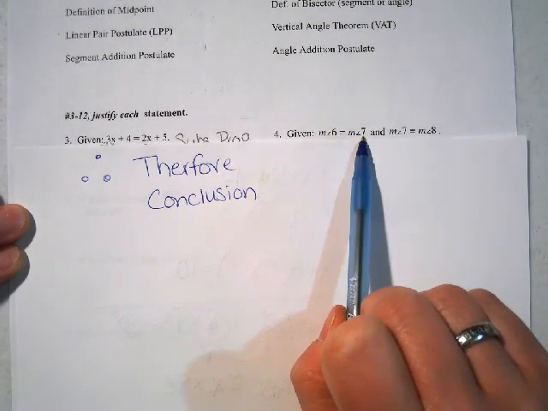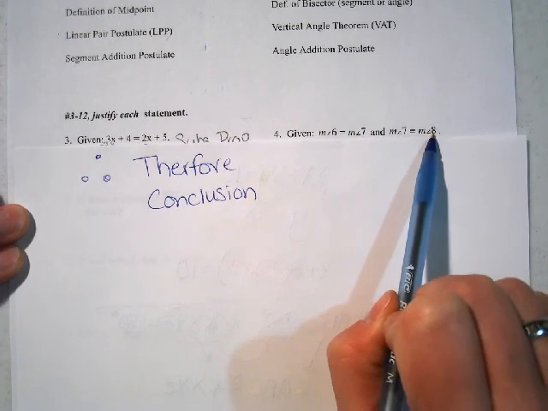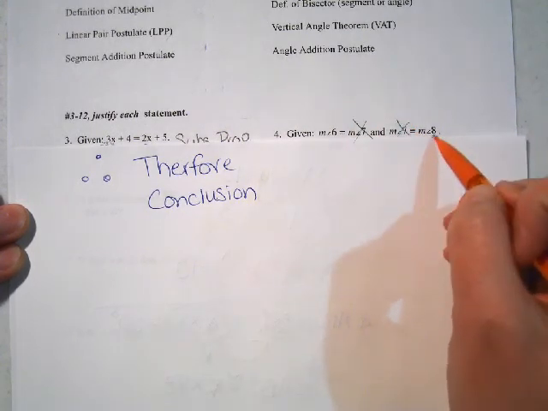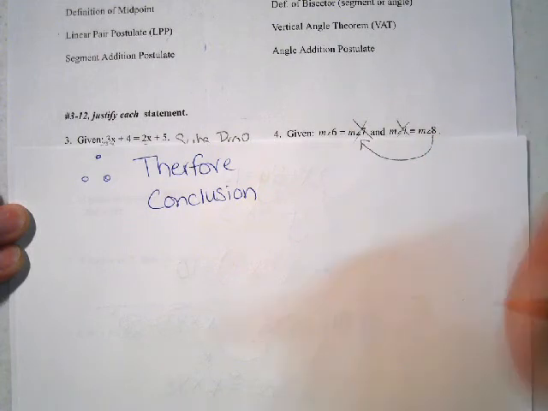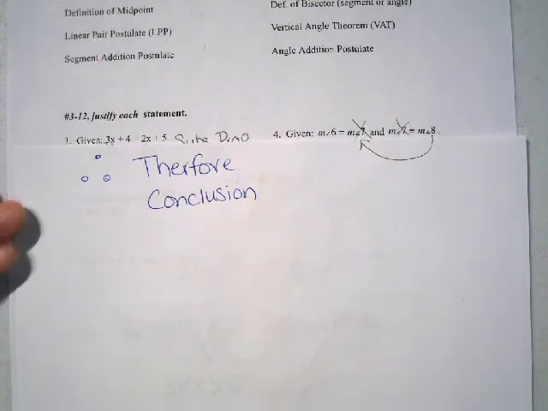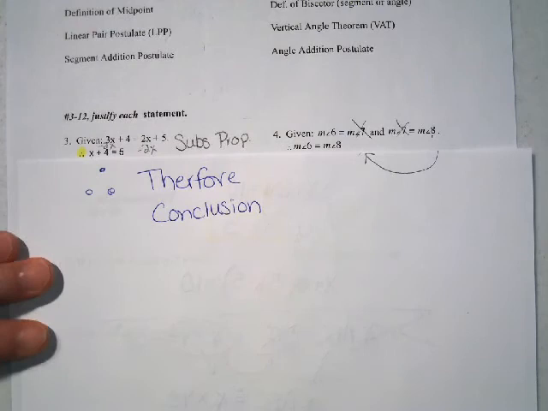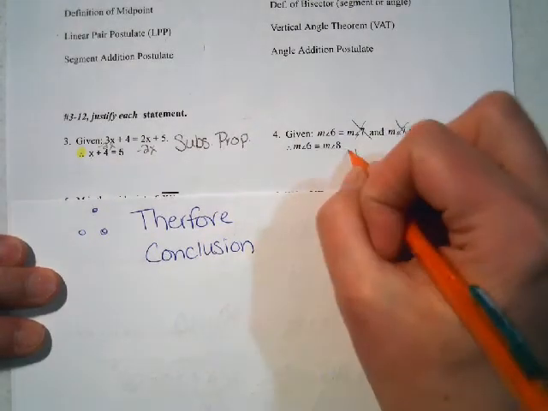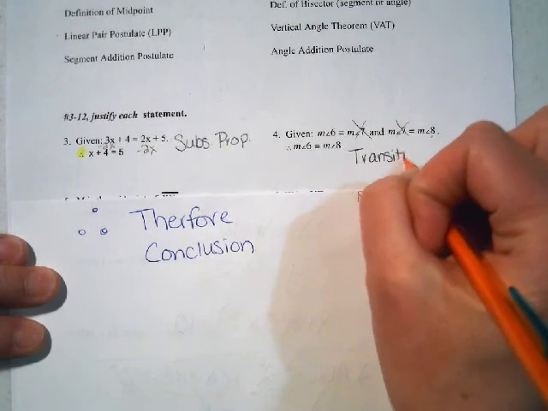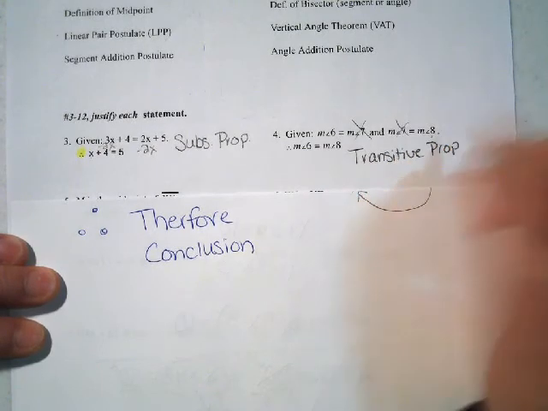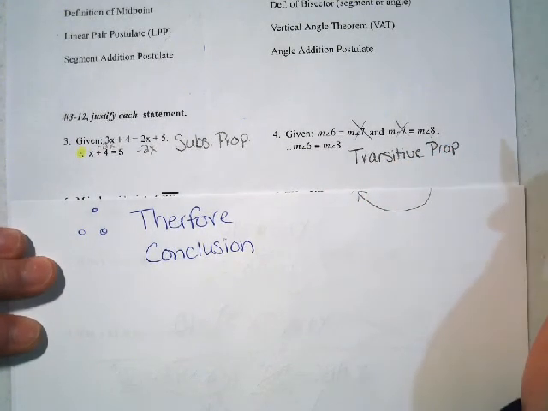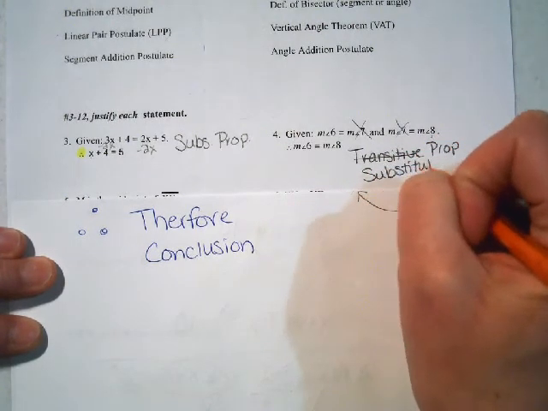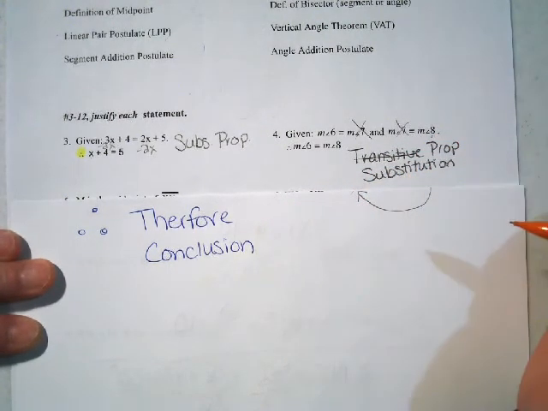So if you notice, now these are angles, but I'm just going to use the numbers so it doesn't get confusing. If 6 equals 7 and 7 equals 8, doesn't it make sense then that we would cancel these out and put this angle here and say these 2 are equal? So notice the next line is 6 to 8. Now, your book, because these are angles, wants to say that this is transitive because they're angles.